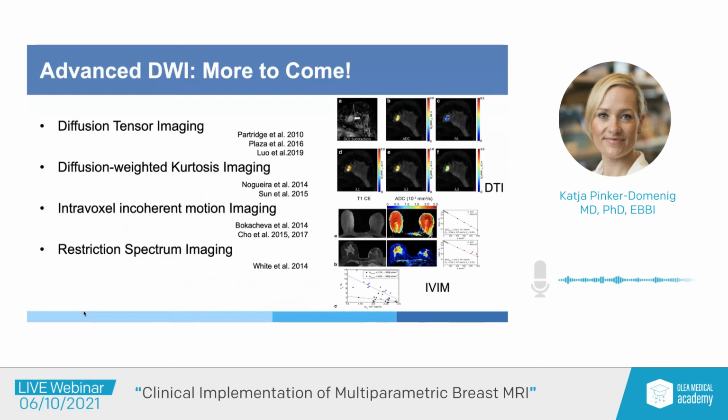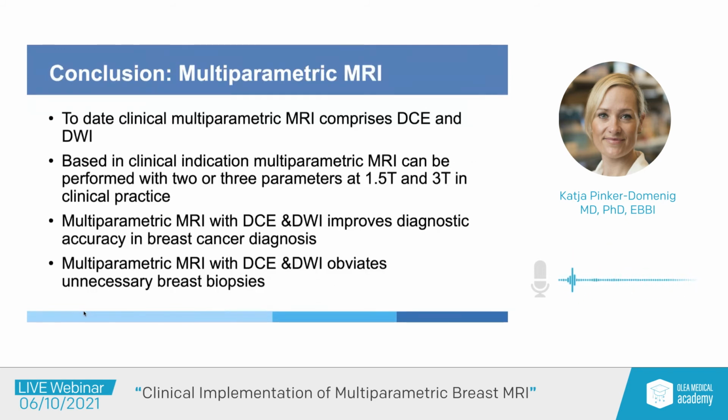For DWI, there's more to come. We're working actively on diffusion tensor imaging, kurtosis imaging, IVIM. So there's a lot of other more advanced DWI modeling that can further improve our specificity. But this is currently in the research realm, and the focus is clinical implementation. So to summarize, clinical multiparametric MRI to date comprises DCE-MRI and DWI.